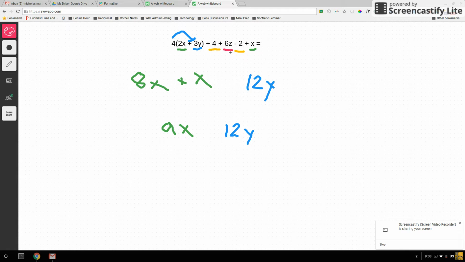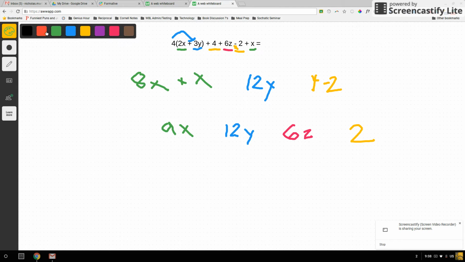I only have one number that has a z attached to it, so I'm just going to add 6z. And then finally, my numbers that don't have any variables attached to it. So I had 4, and then remember to look at the operation beforehand. So it's 4 minus 2 gives me 2. So now I've simplified and combined all of my like terms.